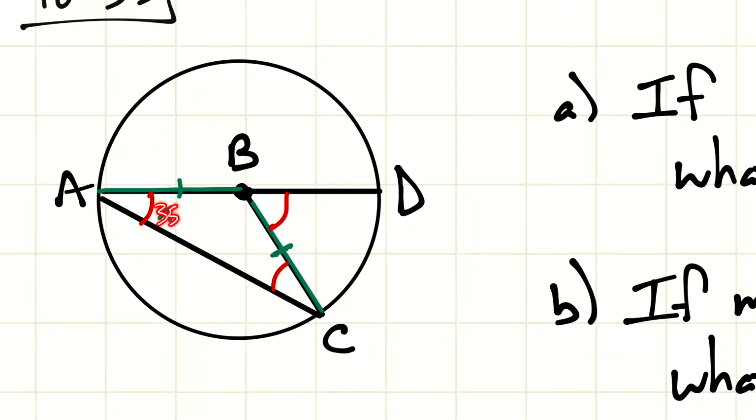Earlier we said if this was 35, this one was 70. Earlier we said if this is 100, then this must be 50. So if A is 50, then the central angle is 100. If A is 35, the central angle was 70. If A is 10, the central angle is 20. So if A is x, then what is this CBD equal to?